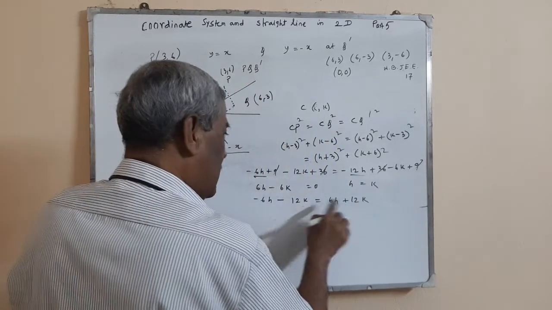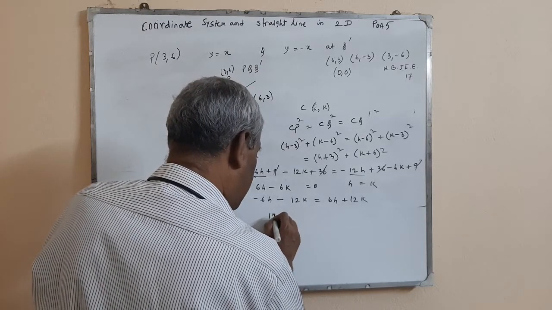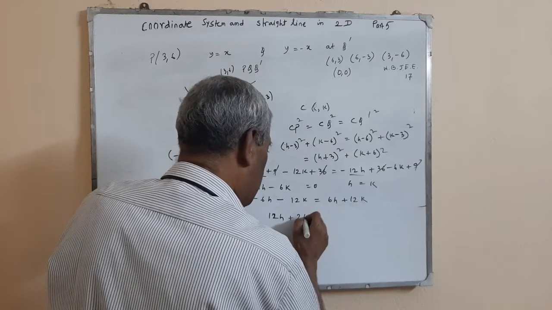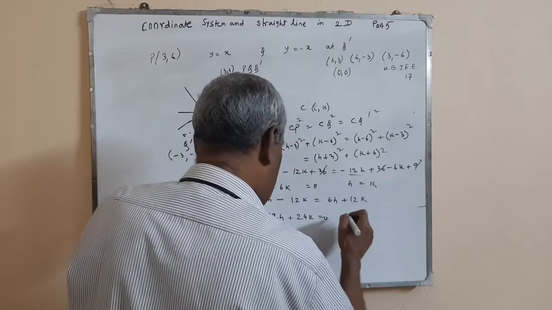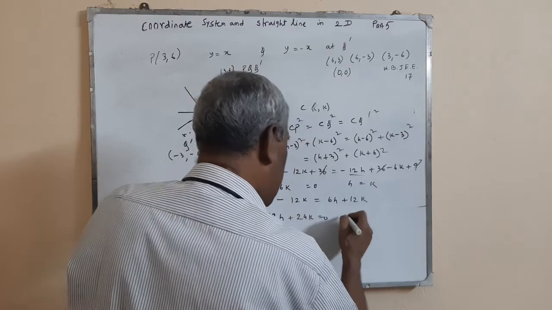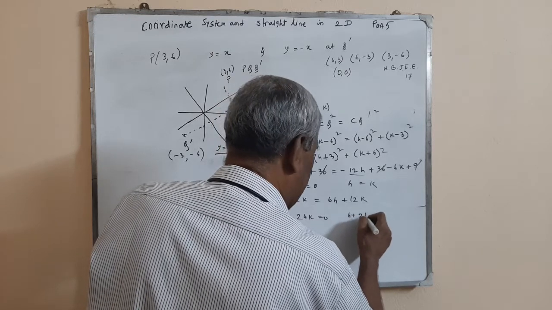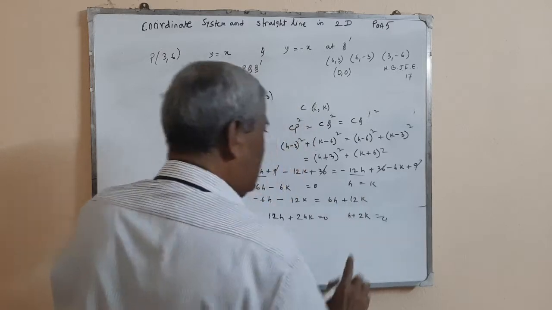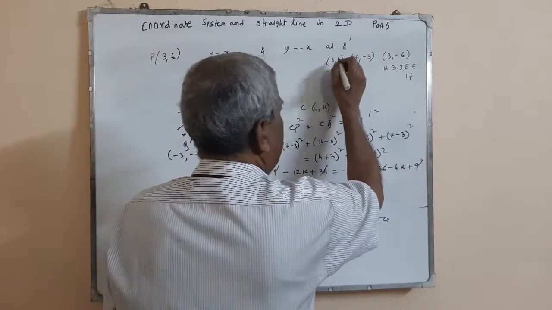That is, we get 12h plus 24k is equal to 0. That is h plus 2k is equal to 0. Now solving this and that, we get h is 0, k is 0. So 0 is the correct answer.